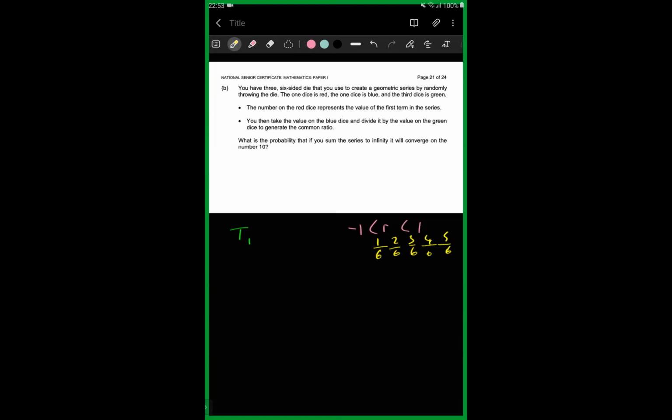But obviously it can also be something like 1/2, 1/3, 1/4, going on. So r can be a lot of numbers, but it just has to be a number between -1 and 1.